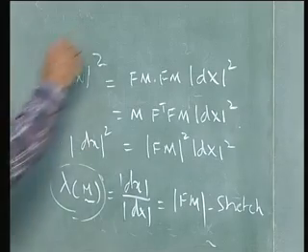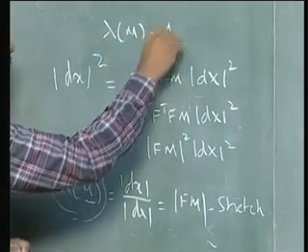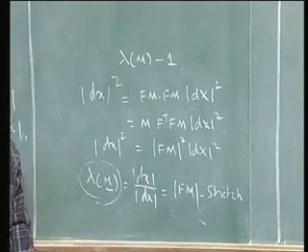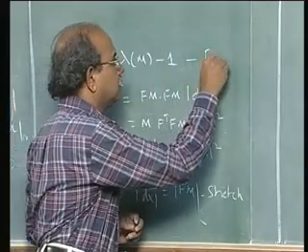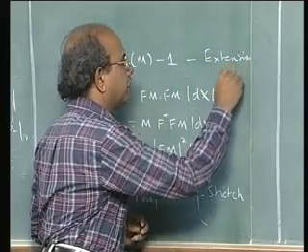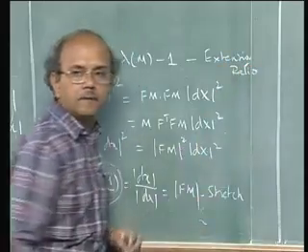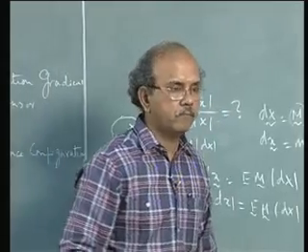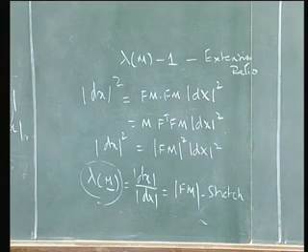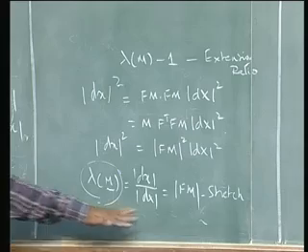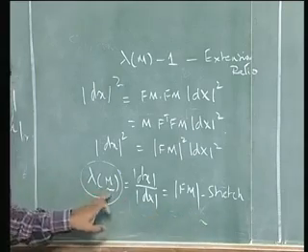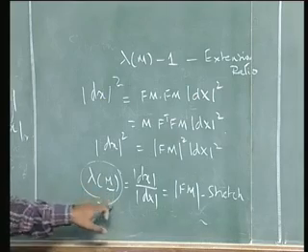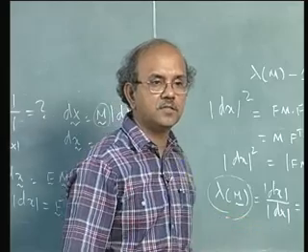Sometimes lambda M minus 1 is called the extension ratio. Is this clear? Again I am repeating, note that stretch is defined with respect to M. So when I change M, as I just said, then the stretch would change.